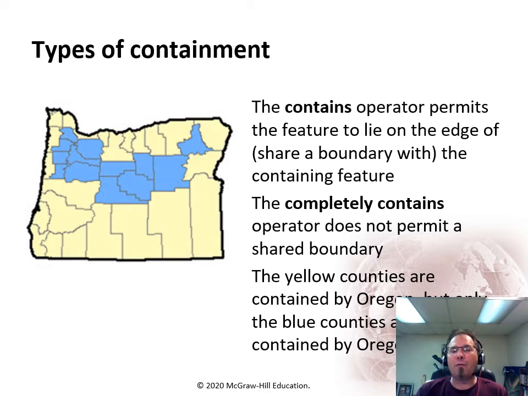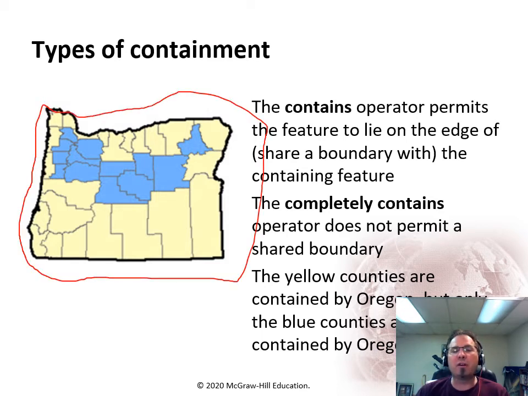Now, if the county touches the border, then it contains it. If it does not touch the border, if it's landlocked, right? So these blue counties here don't touch this black thick line on the edge. So those are completely contained by Oregon. Again, that kind of stuff is only useful in very specific instances.